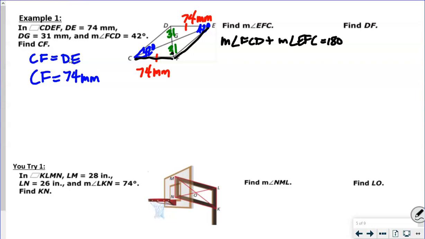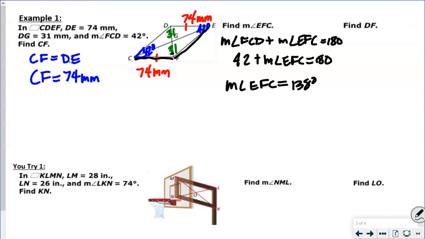So we have FCD, so that's 42, plus the measure of angle EFC equals 180. So to get EFC by itself, we're going to subtract 42 from 180. So the measure of angle EFC is going to be equal to 138 degrees. Okay?